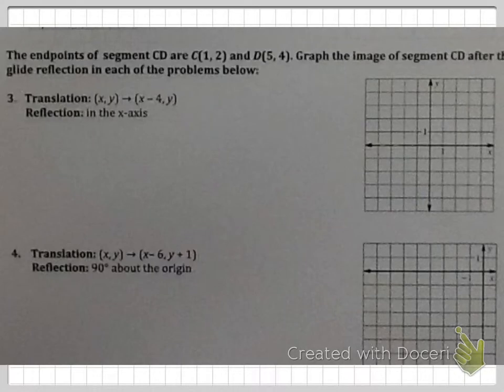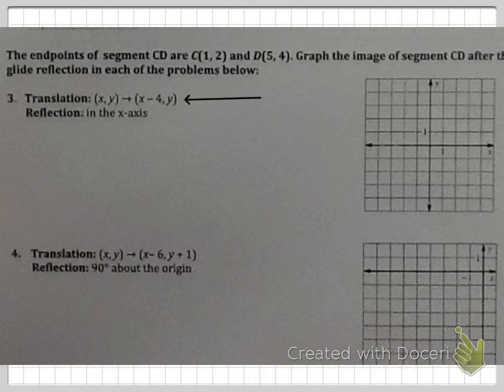And moving right along, the endpoints of segment CD are C(1, 2) and D(5, 4). Graph the image of segment CD after the glide reflection. Okay, the glide reflection, that's another way of saying that it's a composition of transformations. So one builds upon the next one. In problem 3, a translation (x, y) becomes (x - 4, y), and then after that, a reflection in the x-axis.